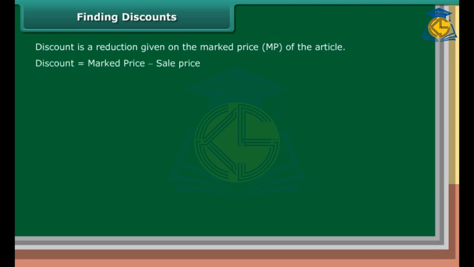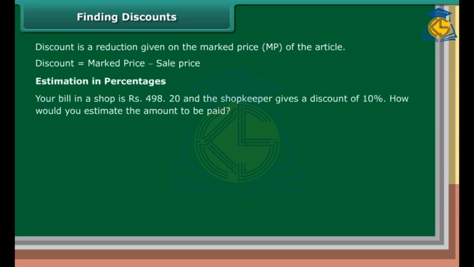Finding discounts. Discount is a reduction given on the market price MP of the article. Discount is equal to market price minus sale price. Estimation in percentages. Your bill in a shop is ₹498.20 and the shopkeeper gives a discount of 10%. How would you estimate the amount to be paid? 1.